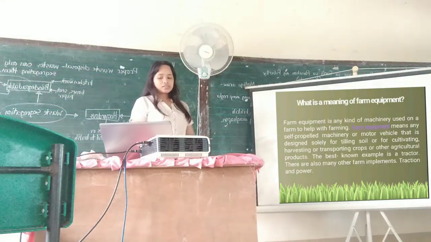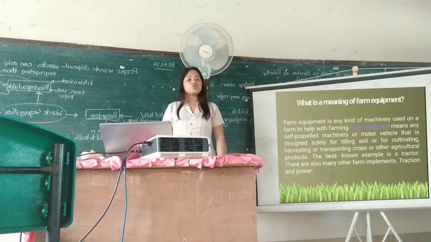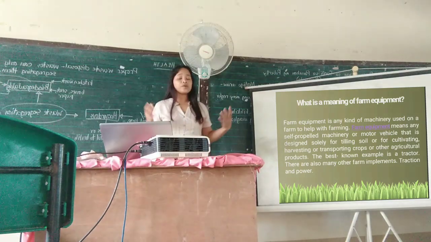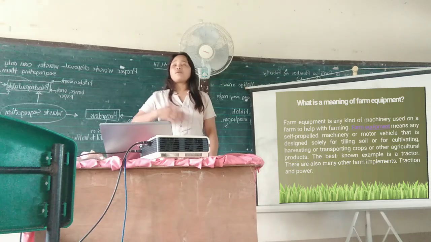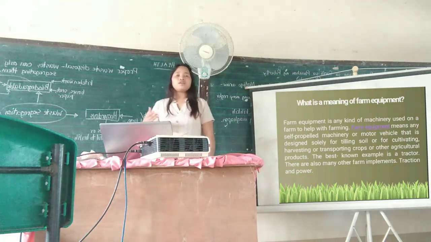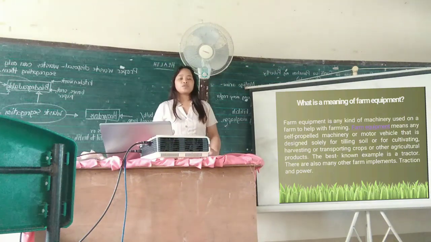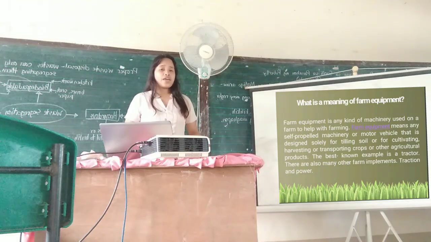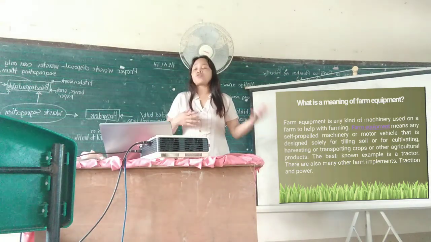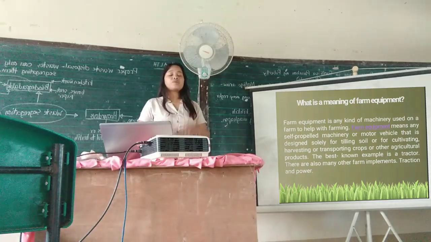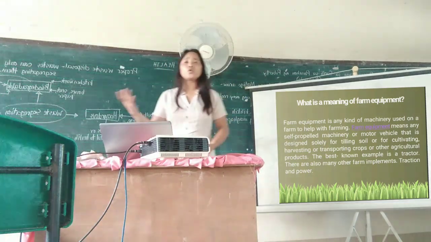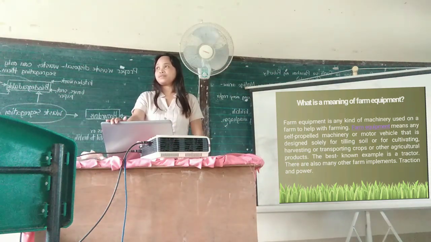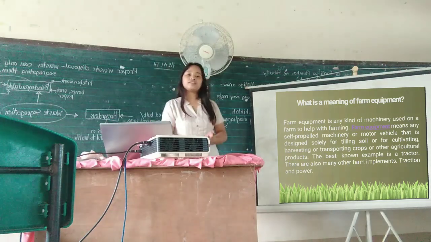So farm equipment is any kind of machinery used on a farm to help with farming. Also, farm equipment is machinery or a motor vehicle used solely for tilling or cultivating soil, harvesting, and transporting products from the farm. The most well-known equipment used in farming is the tractor.